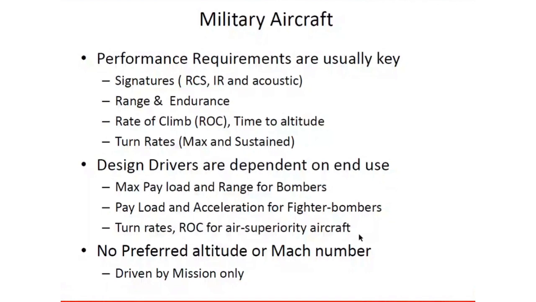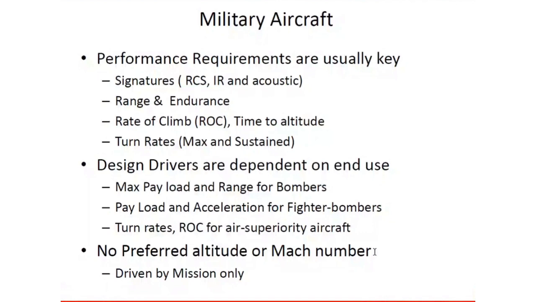If you are looking at fighter bombers like the Sukhois, which can carry bombs as well as do a certain amount of air combat, then payload and acceleration are important. But if you're looking at a Tejas kind of aircraft, it is only air superiority. It cannot carry many bombs. It's a light aircraft. Then you're looking at turn rates, rate of climb, and those kinds of things. So basically, what drives the design depends on the end use of the aircraft.